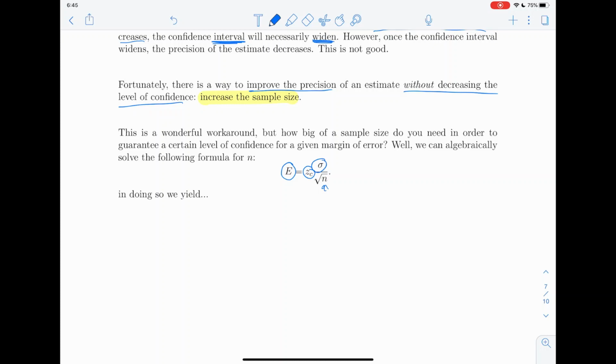Doing so, we will rewrite this and divide both sides by z sub c. So we will get, on the left-hand side, e divided by z sub c. On the right will be sigma over the square root of n.